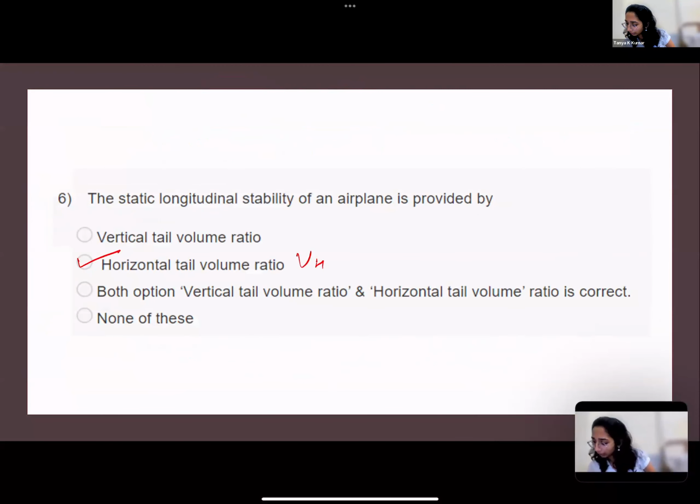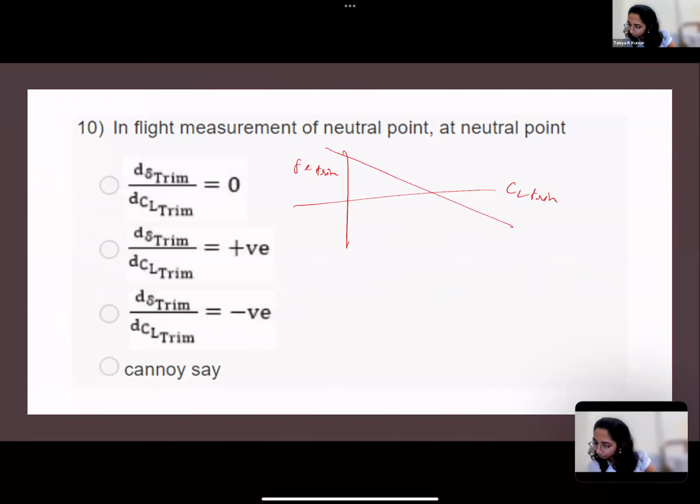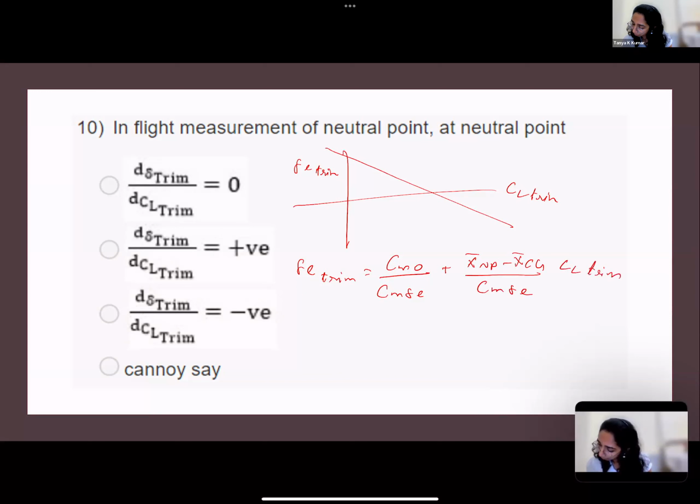I'll just write it down again. Delta E trim is CM naught by CM delta E plus (X bar NP minus X bar CG) by CM delta E into CL trim. Okay, this is the graph and this is the equation of the graph.